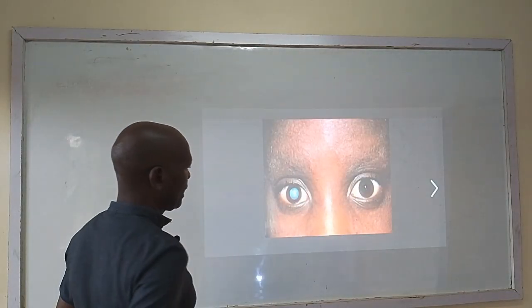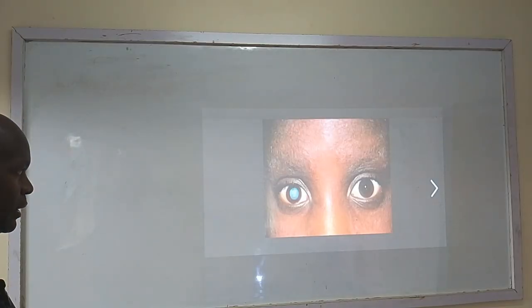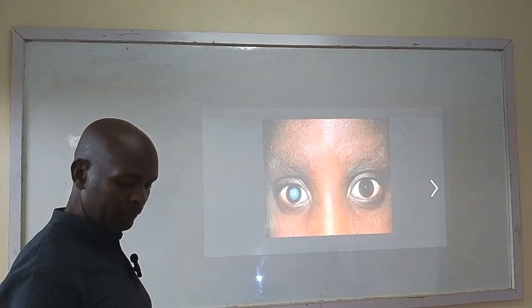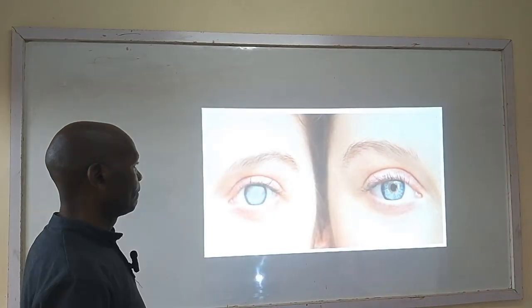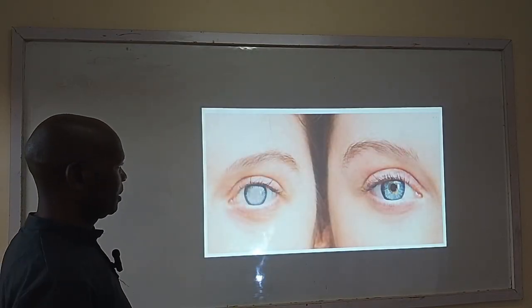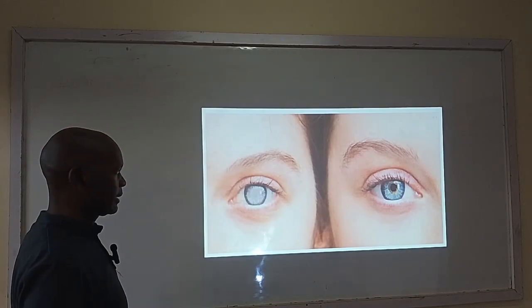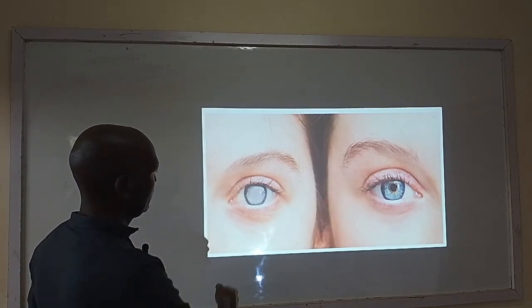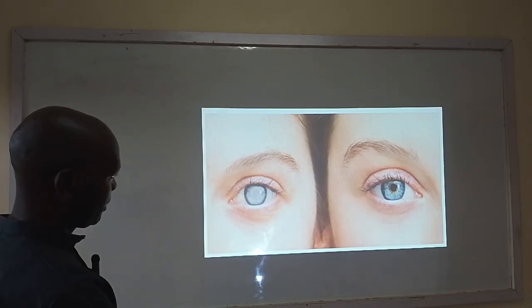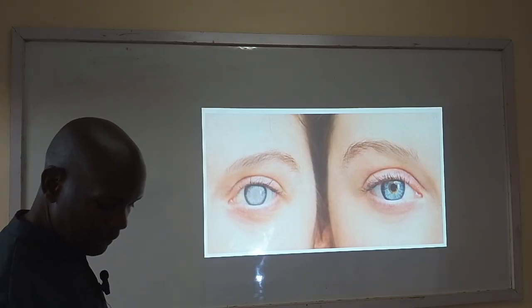So a cataract eye will appear that way, while a normal eye appears that way. Still, it shows different people with different skin colors, and still this shows a cataract because the opacification on the lens is obvious.